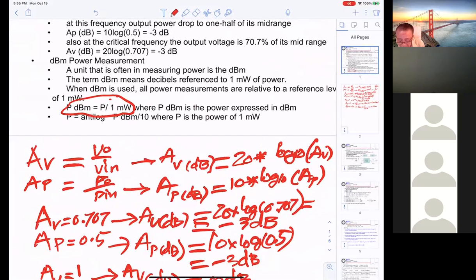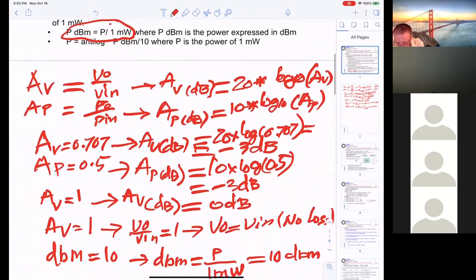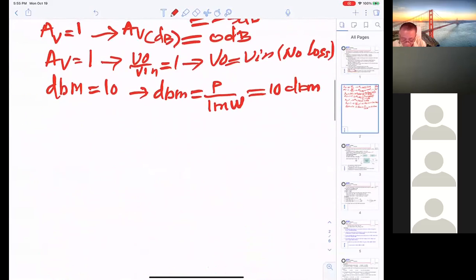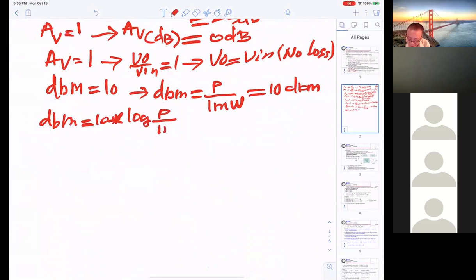So I show you how to do the calculation. dBm equals 10 times log of P over 1 milliwatt.